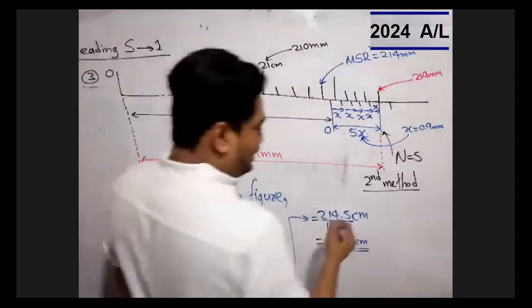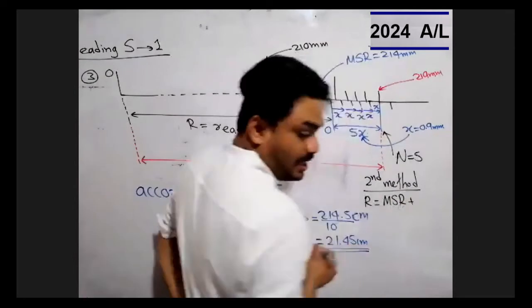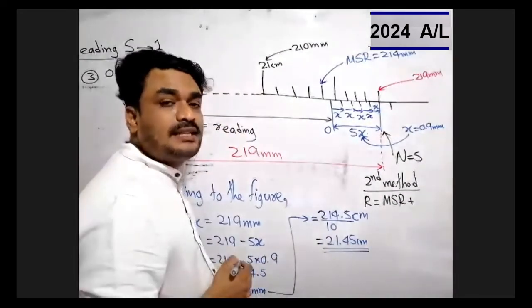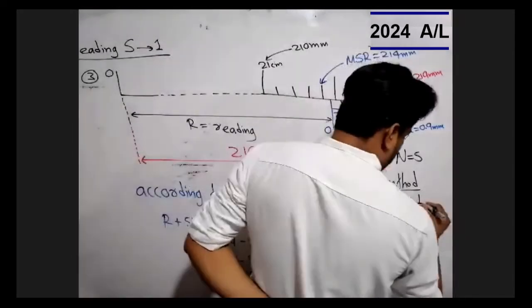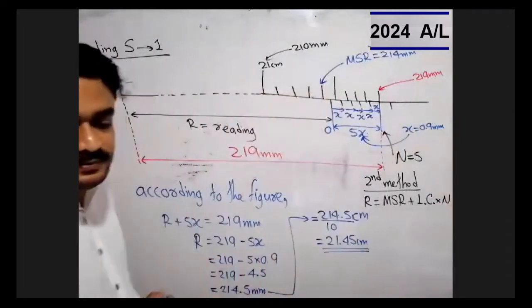According to the second method, reading equals main scale reading plus vernier scale reading. Vernier scale reading is given by the equation least count into coinciding vernier number. Right?